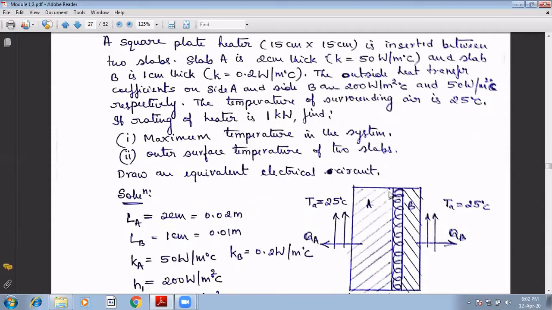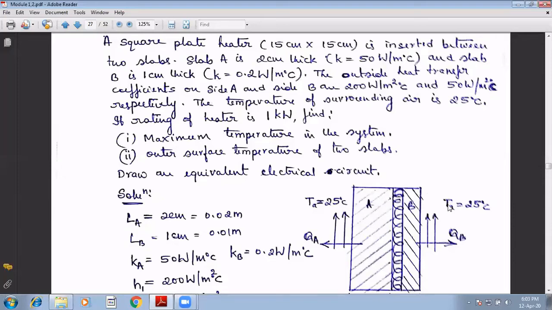It means Q is 1 kilowatt or 1000 watts. You need to calculate the maximum temperature, which will be over here, and the outer surface temperature at this point for A and at this point for B.